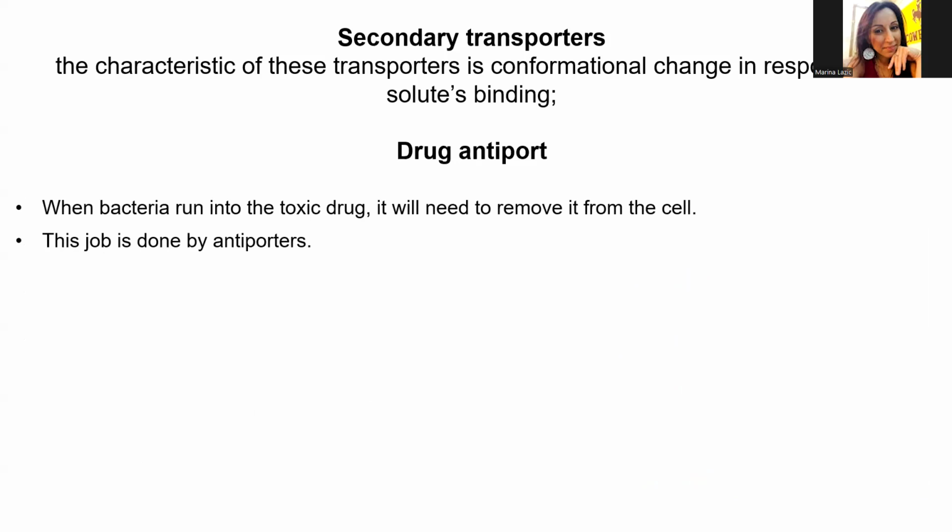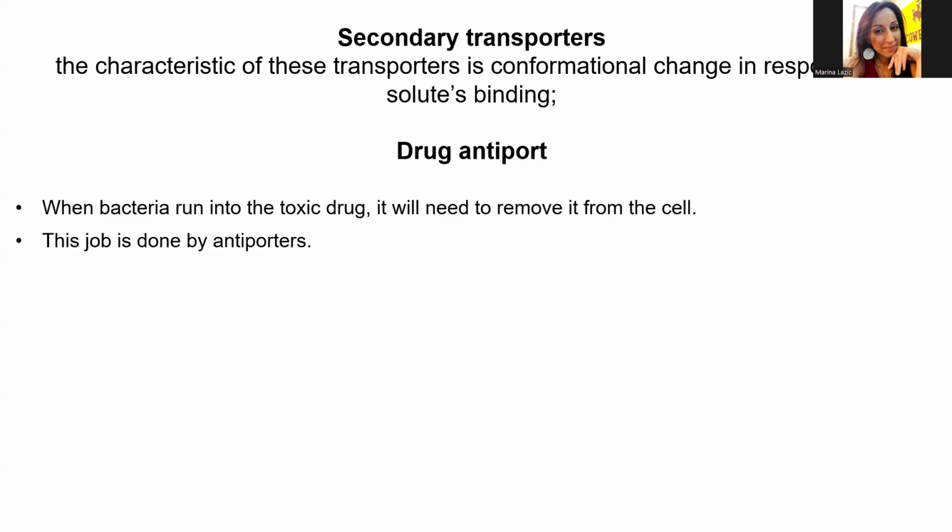Drug antiport is something that is very common in bacteria that are resistant to antibiotics, and antibiotics are often toxic drugs for certain bacteria. So when bacteria run into a toxic drug, they will try to remove it from the cell, and that's where antiporters do the job.